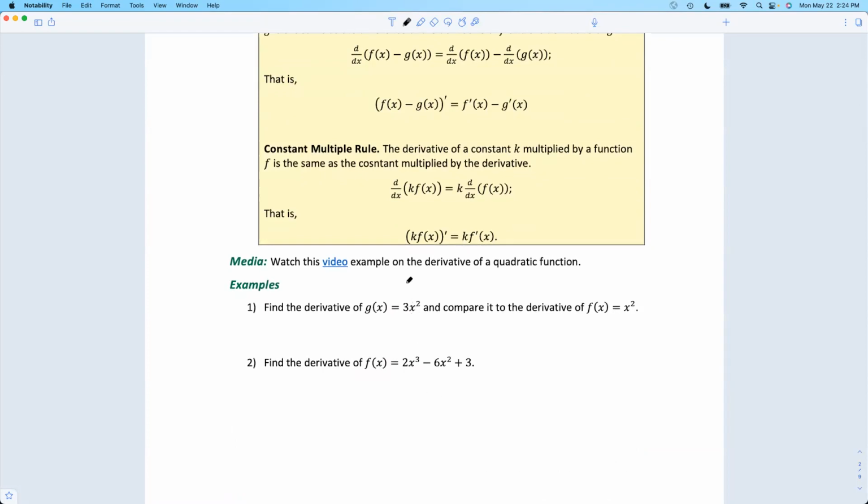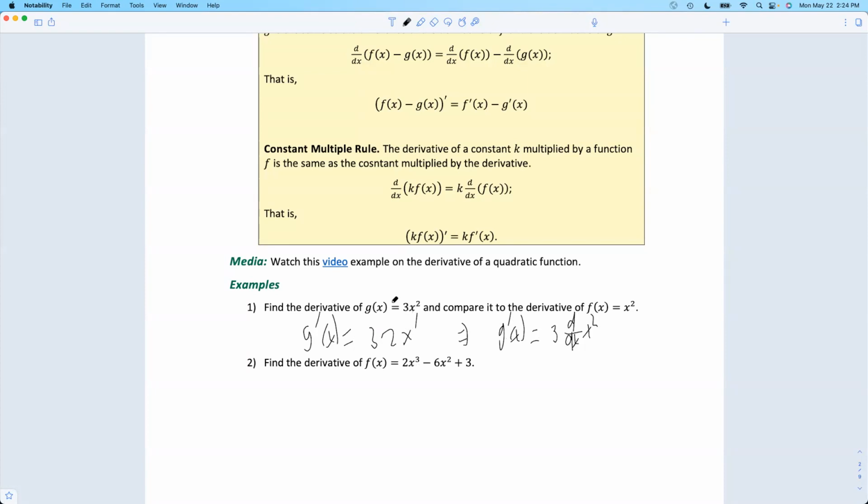So if g of x is 3x squared, then g prime of x would be 3 times 2. That 2 came down to ground level times x to the 1st. Another way we could think of this is g prime is 3 times the derivative with respect to x of x squared.